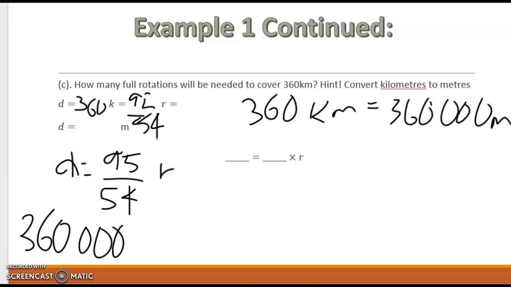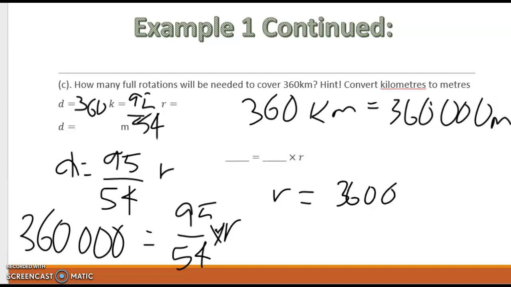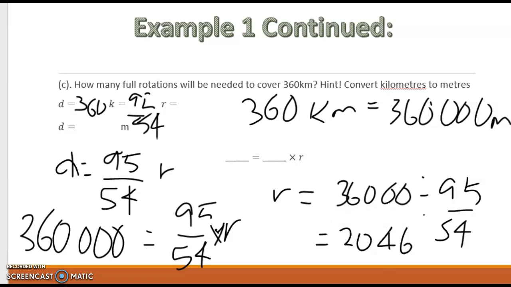So I'm replacing D with 360,000, and I'm going to solve that equation to calculate R. So in here there's a times sign, which basically means that to solve this for R, we need to divide the other side, 360,000, by that fraction. And so you can just put that into your calculator and hopefully we'll get the right answer, which gives us 20,463 rotations.